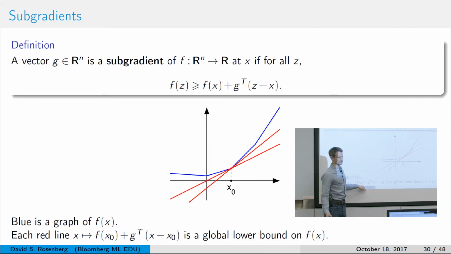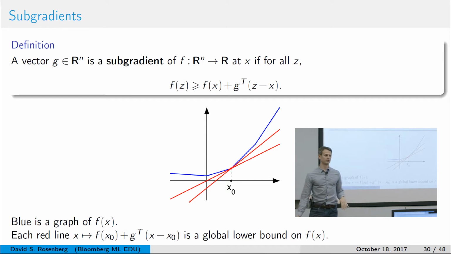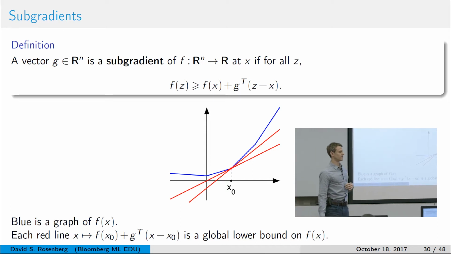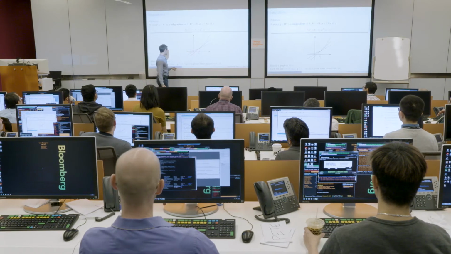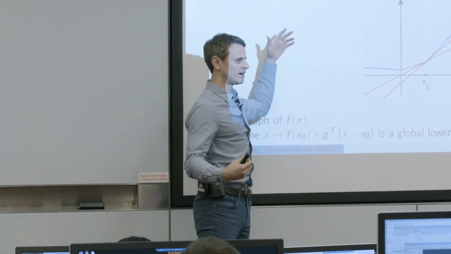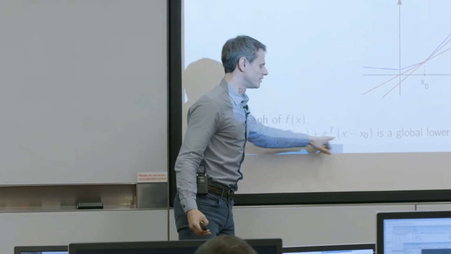What space does this hyperplane live in, generically? If we graphed this hyperplane, just like we've graphed these red lines, what dimension does it live in? Rn plus 1, because the input space is Rn, and then we have one more dimension for the value.